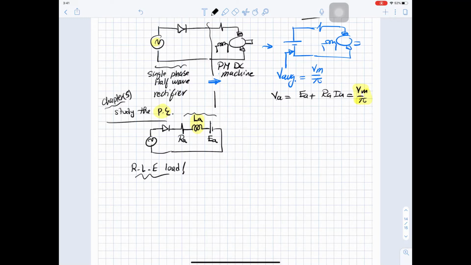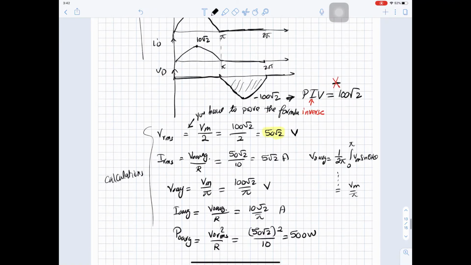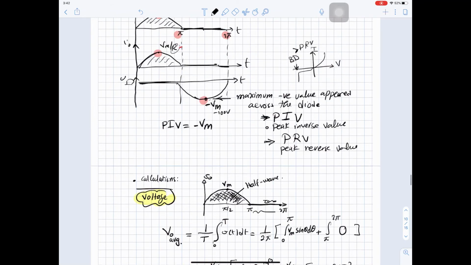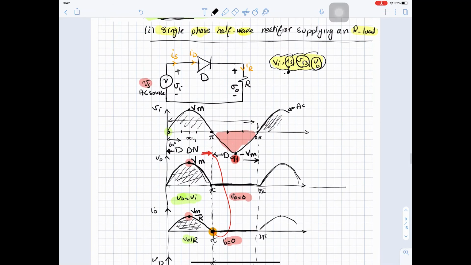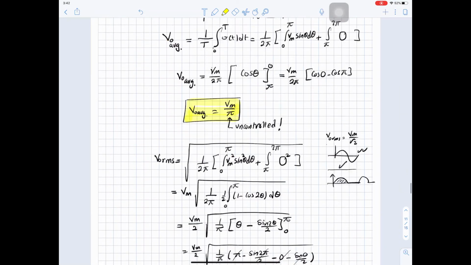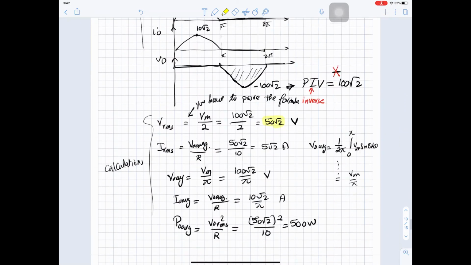We'll start with R load, then RE, then RLE, until we reach the general state where we have the RLE. In this part of the chapter we just studied the rectifier with only R load. Next lecture we will add the battery, and then we will add the inductance, and we will see what the effect will be.